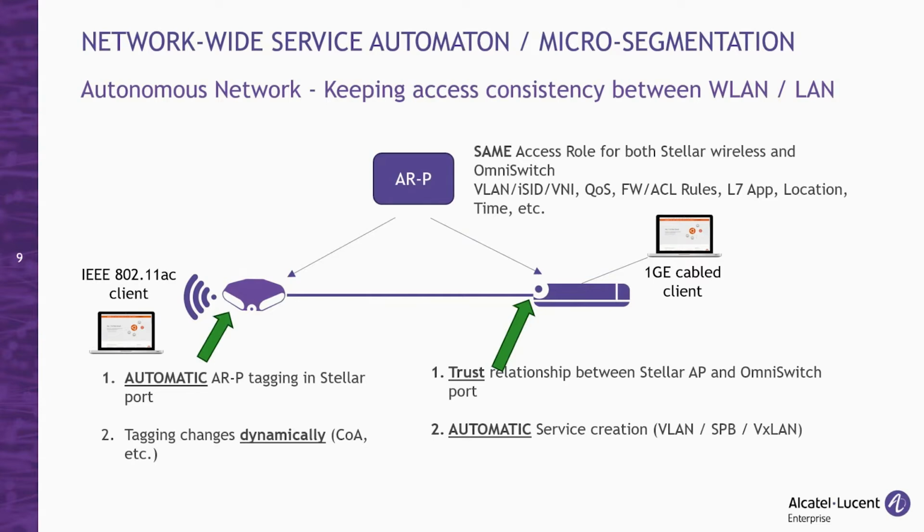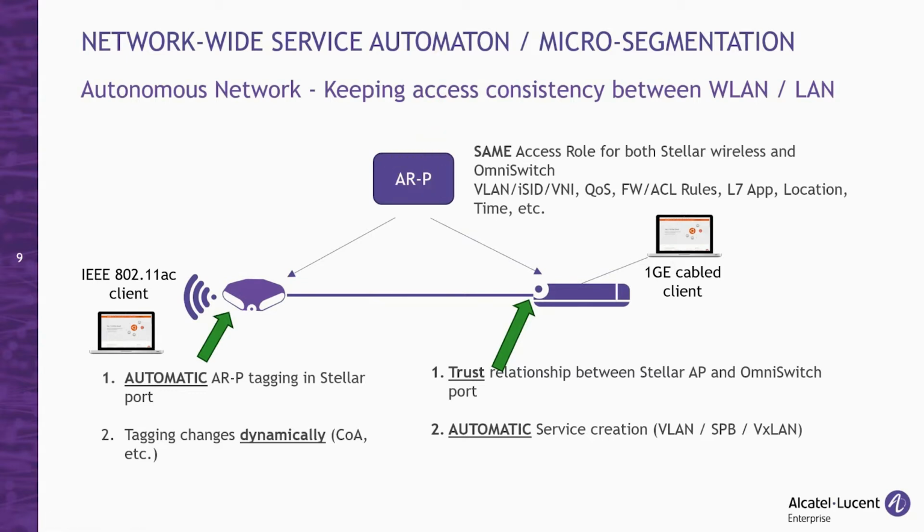OmniVista provides the device access to the appropriate VLANs, or in some cases, when it's going across an SPB network, where ISIDs are used to enable containers for segmentation services, plus other security parameters that can be applied, such as access control list policies based on location and or time of day networking services.